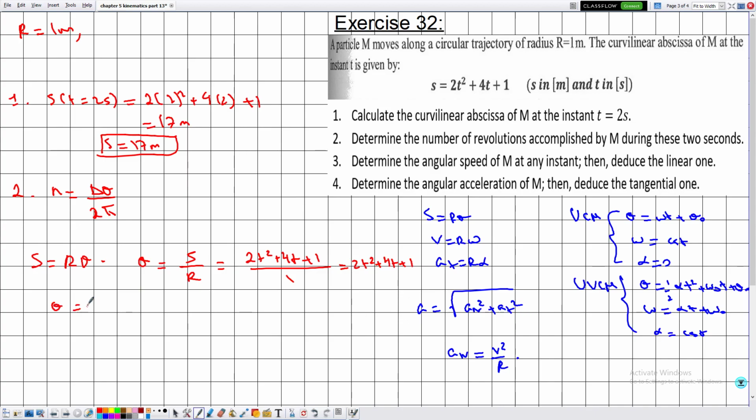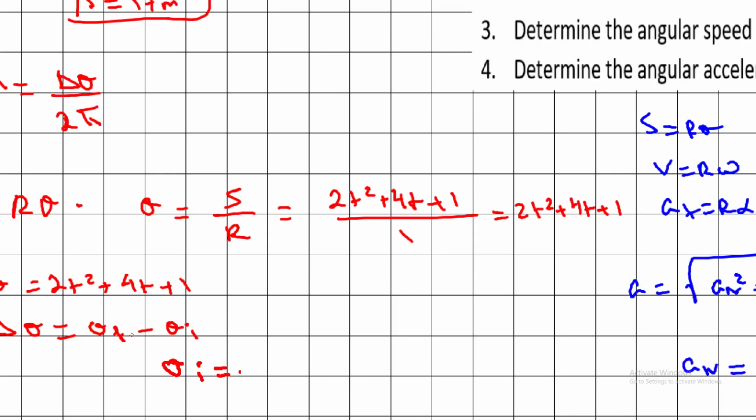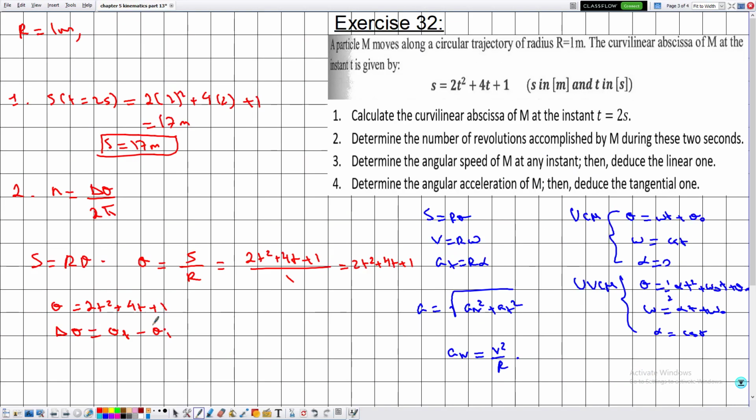So theta is equal to 2t squared plus 4t plus 1. Now delta theta is theta final minus theta initial. So theta initial corresponds to theta 0, which is equal to 1. Now it's left to calculate theta final corresponding to t equal to 2 seconds.